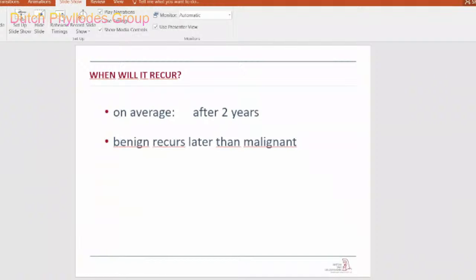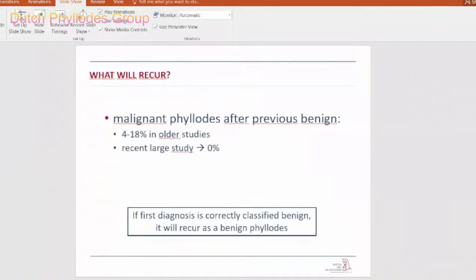As said before, if you remove it, it can recur. And when will it recur? On average, that would be about 2 years after the surgery. What we do know is that benign tumors will recur at a later time point than malignant tumors, and borderline, as expected, somewhere in between. What can be good to note is that if you start with a benign Phyllodes tumor and it recurs, it will recur as a benign Phyllodes tumor.